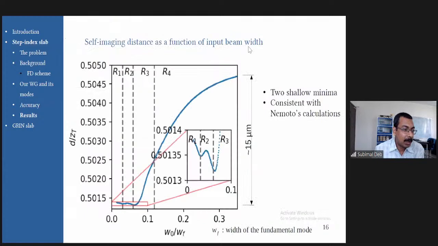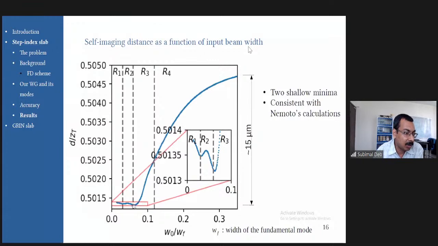Now the most important part comes over here, where we have found the variation of the distance d, or the self-imaging length, with the width of the input beam. Having looked at it, we see that there is a smooth variation, and the self-imaging distance changes by about 15 micrometers from the paraxial to the non-paraxial domain.